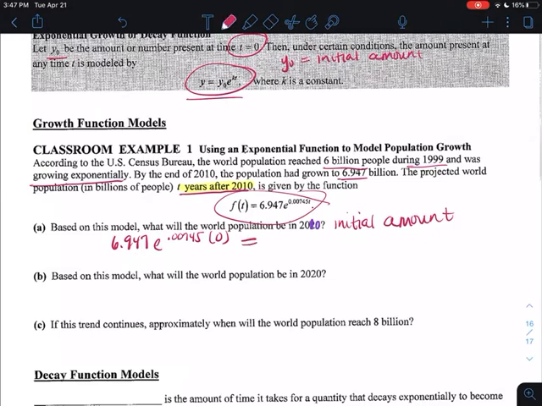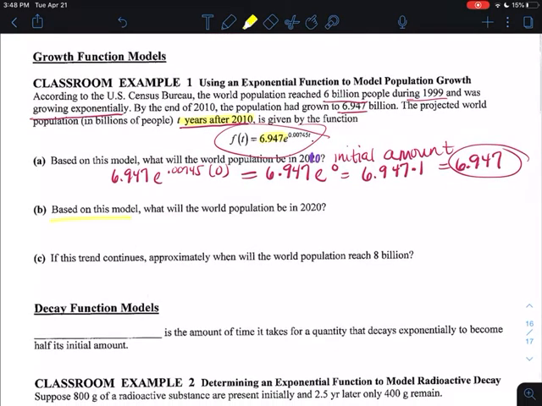When I multiply that exponent, I get 6.947 e to the 0, since 0 times that decimal is just 0. E to the 0 is just 1. So 6.947 times 1 equals 6.947. So really there's no work required. If you look at the function that they give you, the initial amount is there. It's what's in front of e.